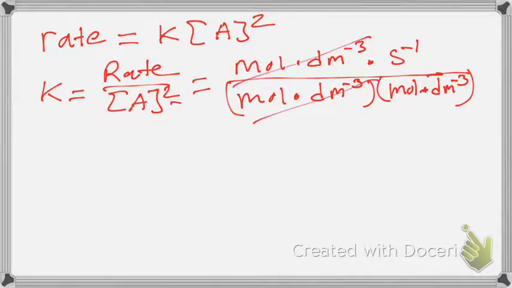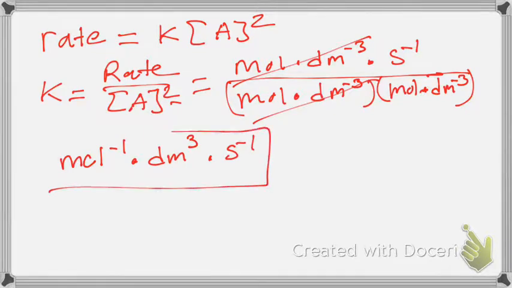Therefore, we can get rid of these top units. So if we do the reciprocal of those units, we would simply find that it would be moles minus 1 cubic decimeters per second. And so that would give us the units of k for a second order reaction.